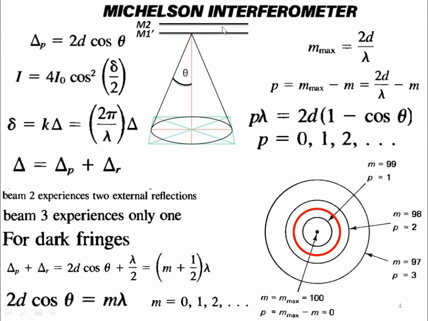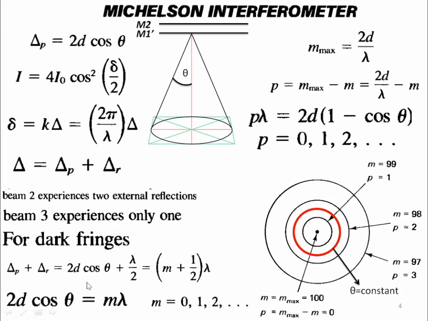From when the mirror crosses this point, they will start to go inward. That is what can also be seen in this Michelson interferometer experiment. I hope I could make it clear how these fringes behave whenever we play with d. This is something very important.